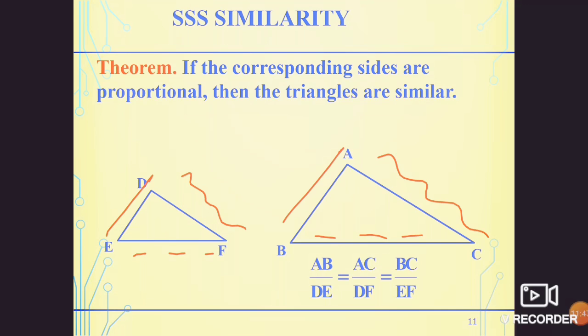This will be just enough to prove that the two triangles are similar. We do not have to prove that all the angles are equal.